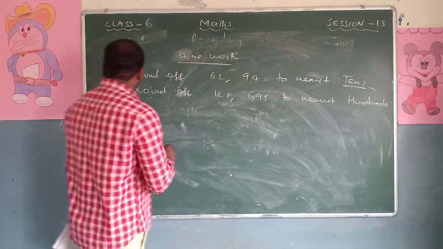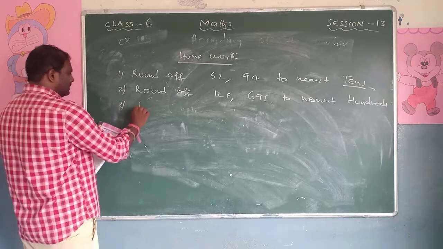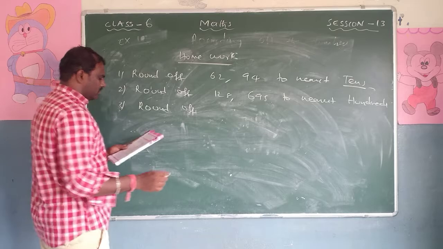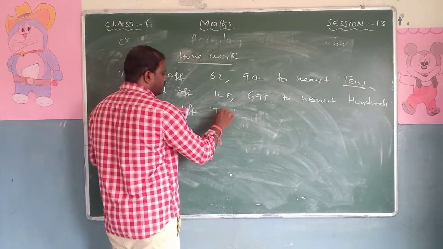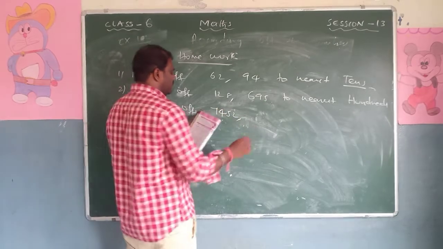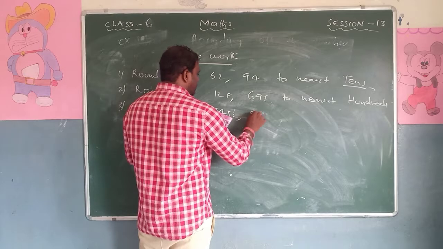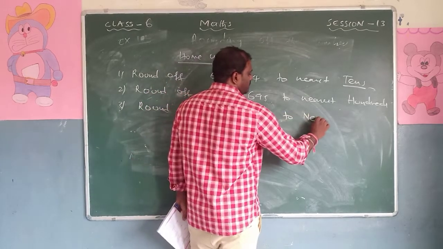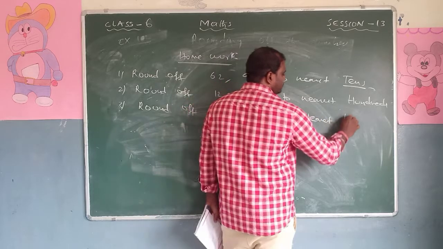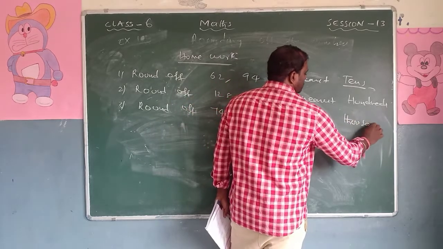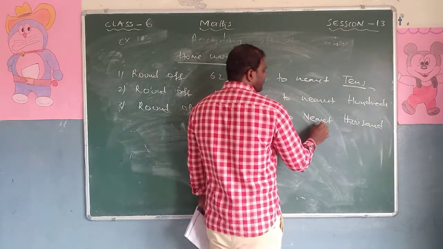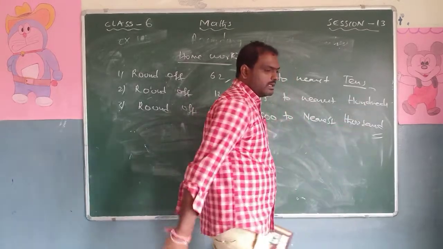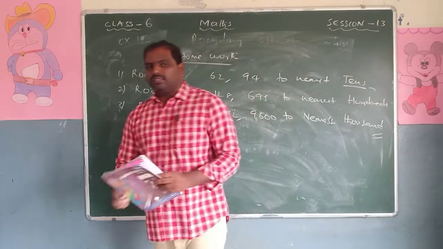Next, the third question. Round off 7452 and 9600 to nearest thousands. So these are the 6 questions of homework to you.